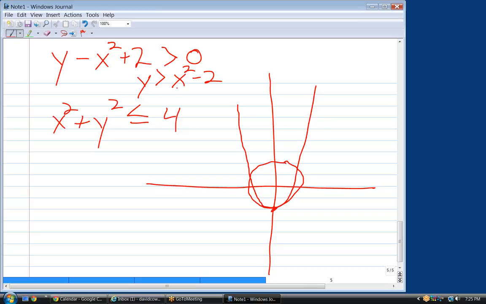Parabola, which way are we? It's going to be above. Okay, so it's above the parabola and inside the circle, right? Mm-hmm. So it's this area here.